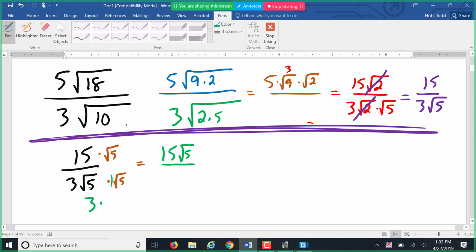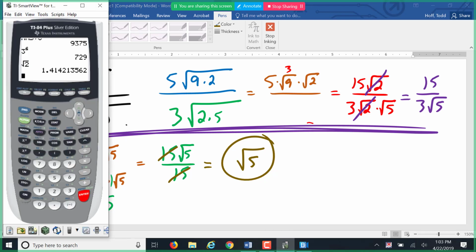Square root of 5 times the square root of 5 is 5. 3 times 5 is 15. This one has an added bonus of I can reduce once I've done that. 15 divided by 15 is 1. That reduces to just the square root of 5.